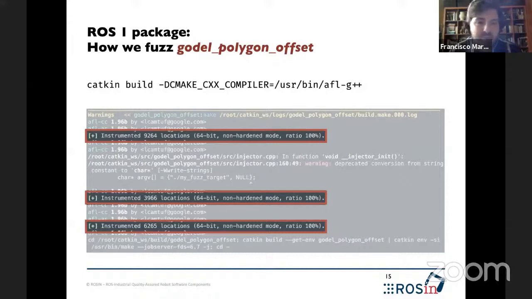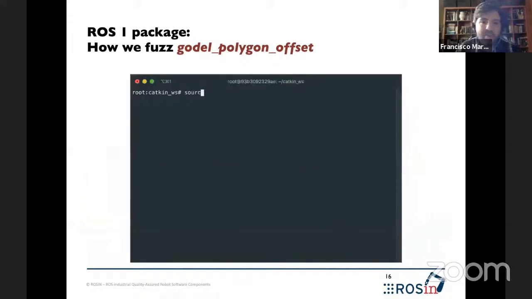As highlighted with red rectangles in the slide, this compiler is going to take charge of instrumenting different locations in the code in order to be analyzed afterwards with the tool. Here you can see a recorded example of how we are doing it.